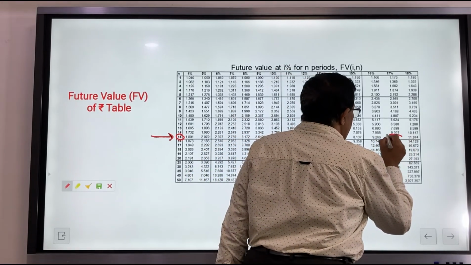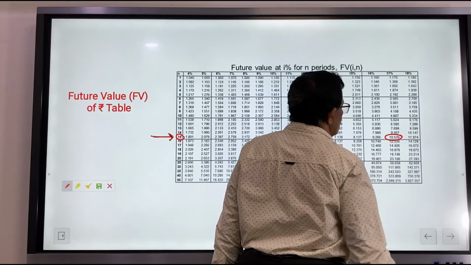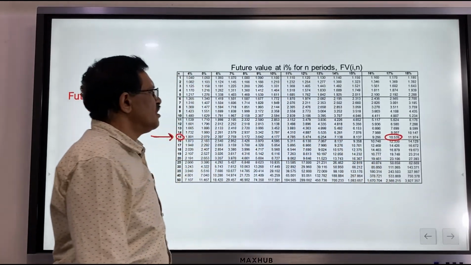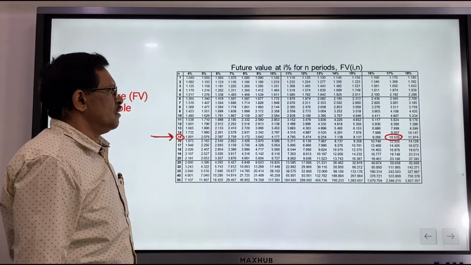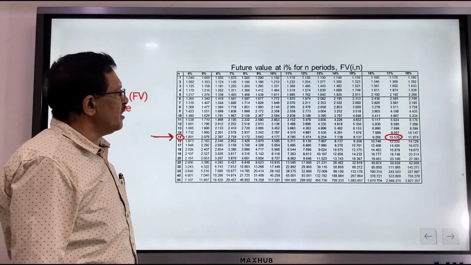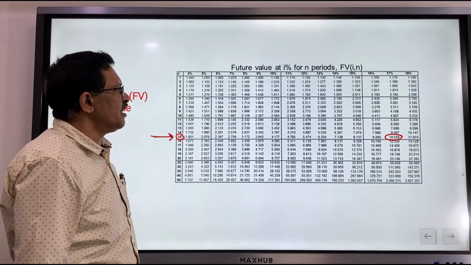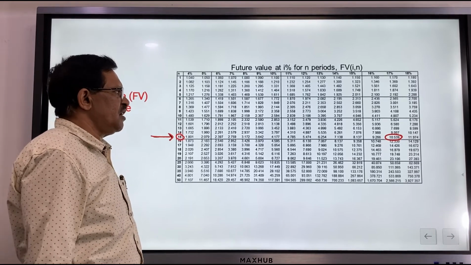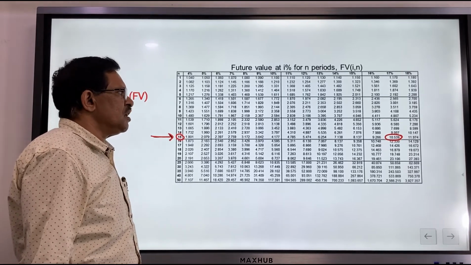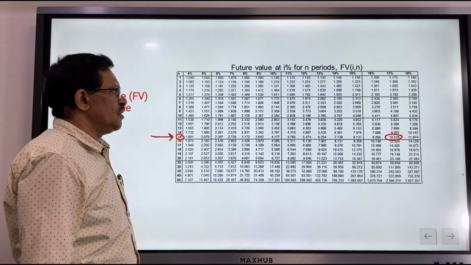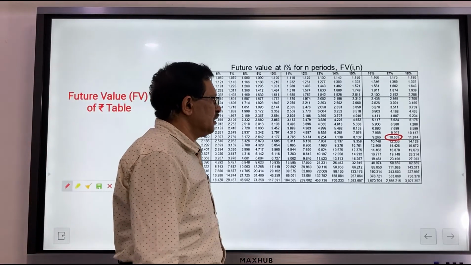So this is the amount of interest. If you invest 1 rupee, you are going to get 10.53 rupees at the end of the period. That is, the interest factor is 10.539.